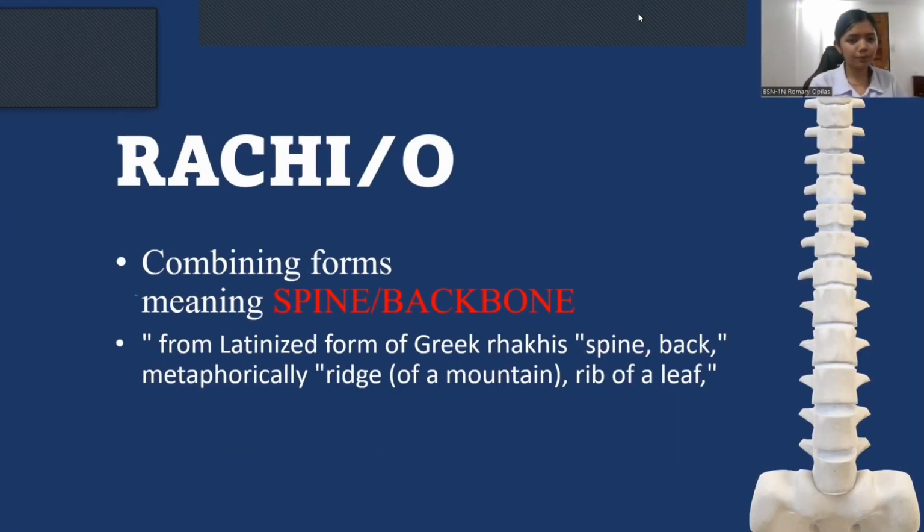I am Mary Jane Natilas and I will discuss the rachio and the costo. So let's start. Rachio is a combining form meaning spine or backbone, so it pertains to our vertebral column, the picture on the side.